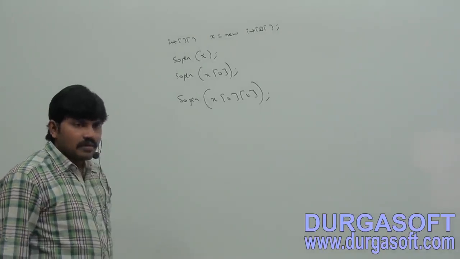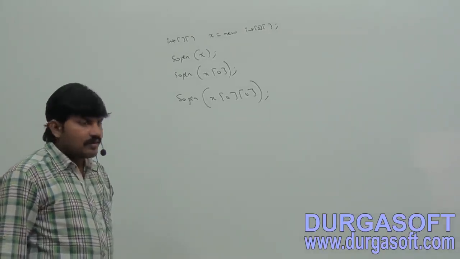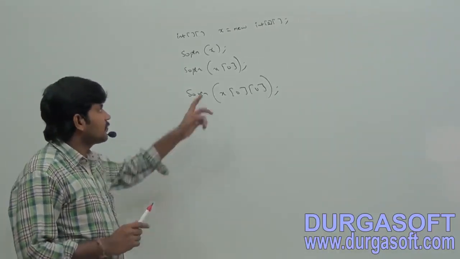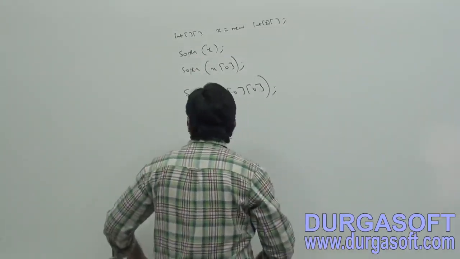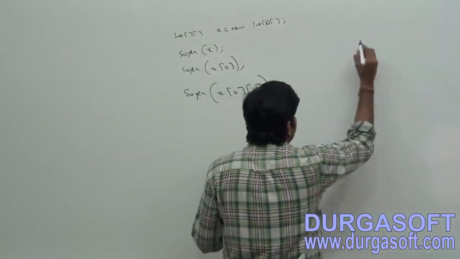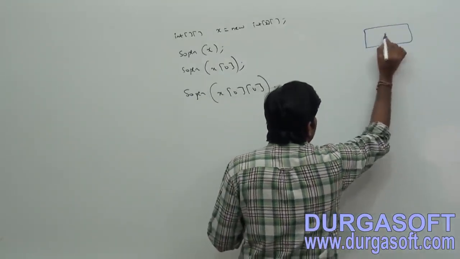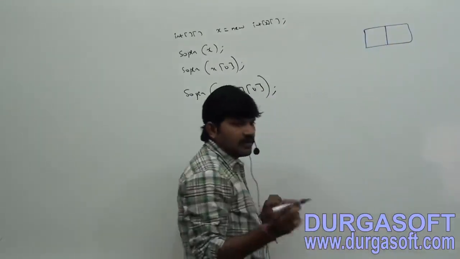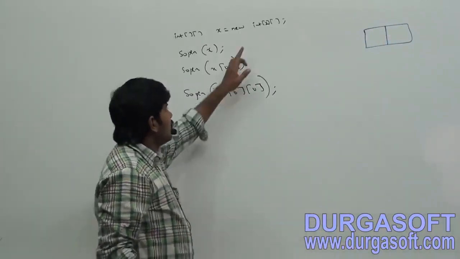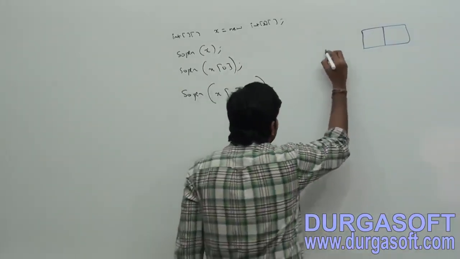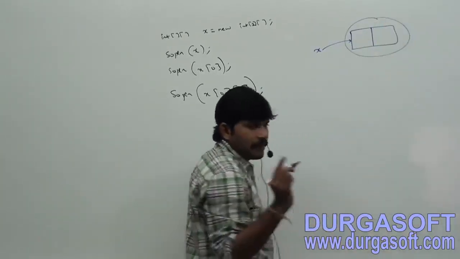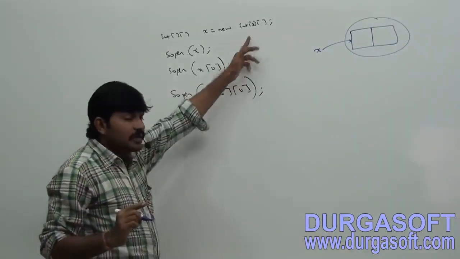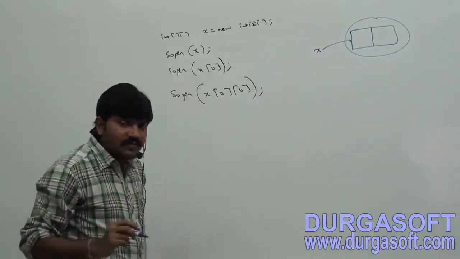Okay, sir, what is the base size? 2, I am sure the base size is 2. Actually x is a 2-dimensional array. Base size is 2. Next level size, what is the next level size?